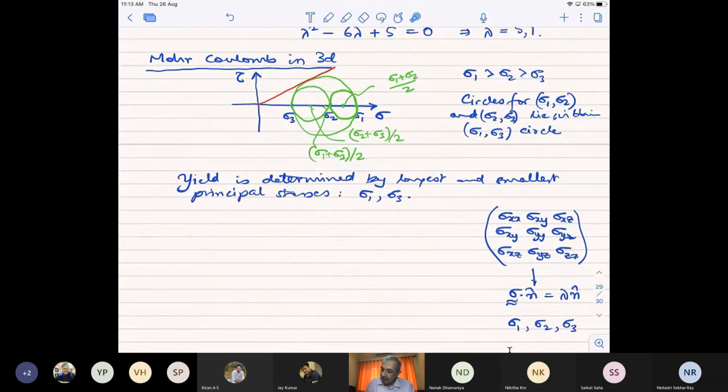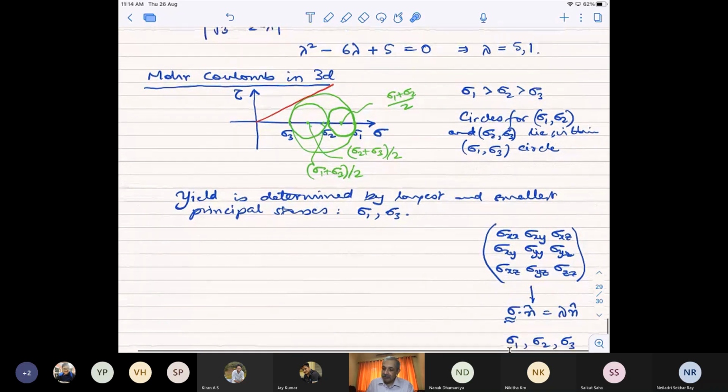Sigma 1 and 2, which is the two largest, then sigma 2 and 3, which is the smallest and the middle one, and then sigma 1 and 3 gives you the circle. But this circle is the biggest, and these other circles lie within that big circle. So the yield criterion will always apply only to the biggest circle. And so this is what you can imagine as yield in 3 dimensions.